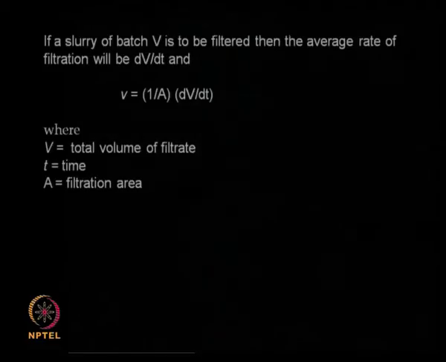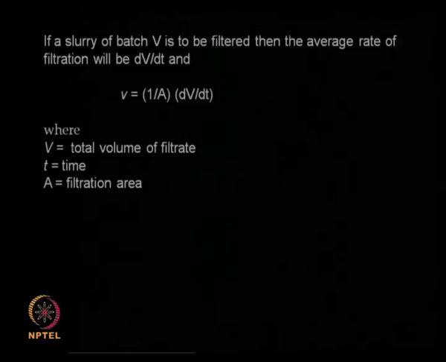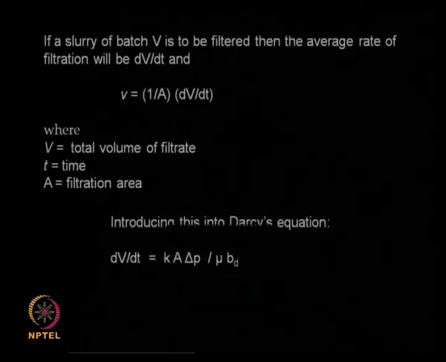So if the filtration area is very large, then the velocity will be very less. Okay. So we can use this equation to do a lot of things. We can introduce this equation into Darcy's law, and then we will end up with the differential equation for average volume of filtration for a given time as a function of delta P, that is the pressure drop, A is your area, B is your bed thickness, and mu is your viscosity of the medium.